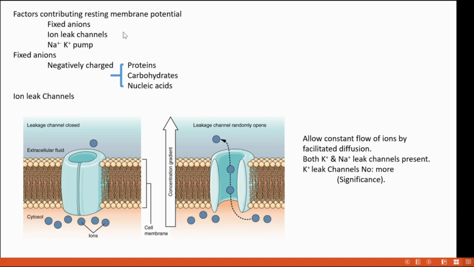Then coming to the ion leak channels, how it helps. Ion leak channels are some channels, some openings found in the cell membrane. And they are of sodium and potassium leak channels. Both sodium and potassium ion leak channels are present in the membrane.